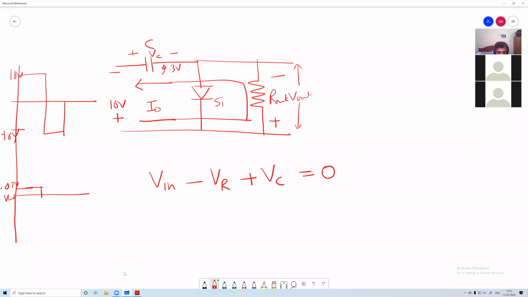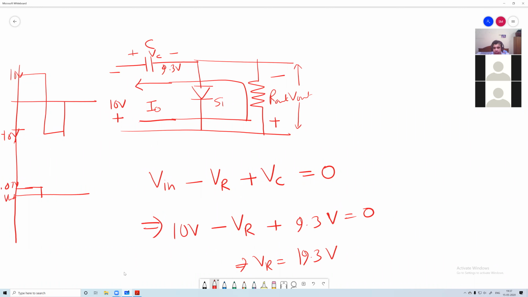Right? Vin is minus 10 volt, minus VR plus VC is 0, or VR equals 19.3 volt, assuming the polarity of VR is like this. So the polarity is opposite, it would be negative.